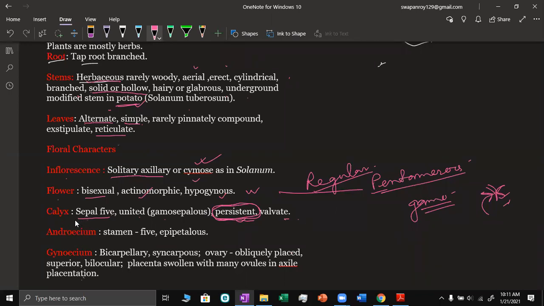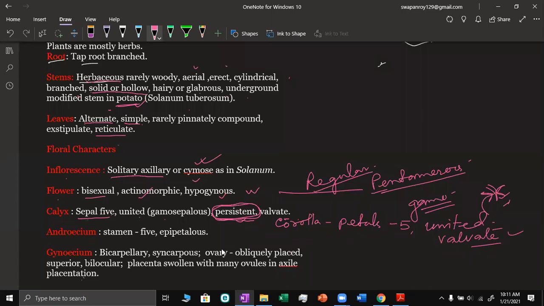Oh, here I have missed corolla. Okay. Calyx written, corolla. This corolla also has petals 5, united, that is gamopetalous, and they have valvate estivation.